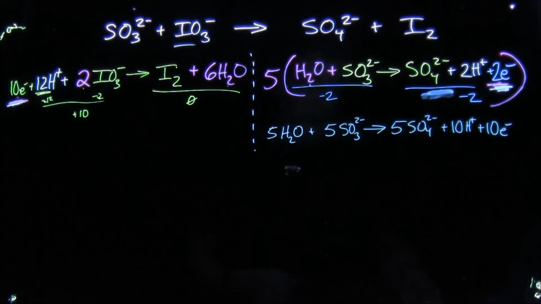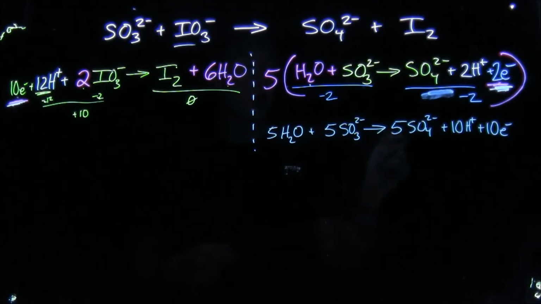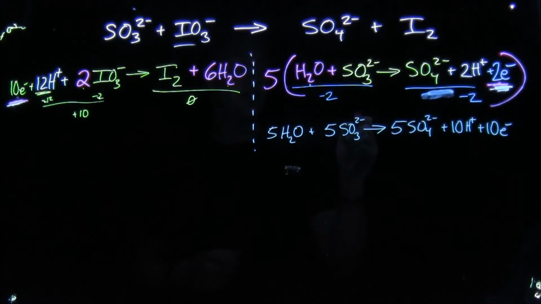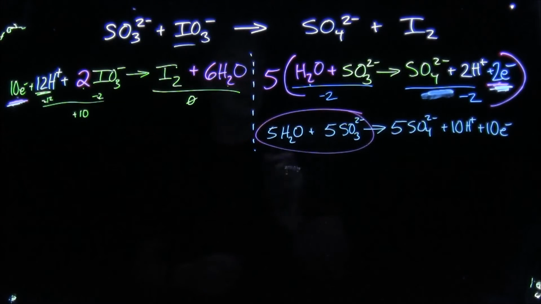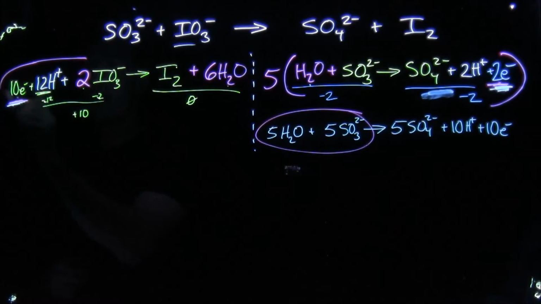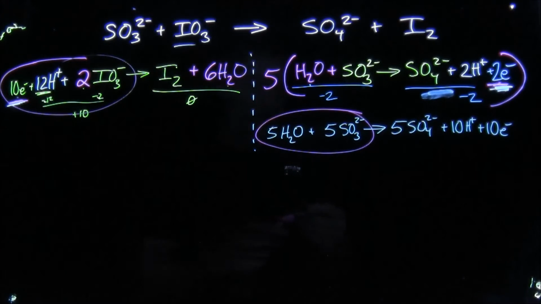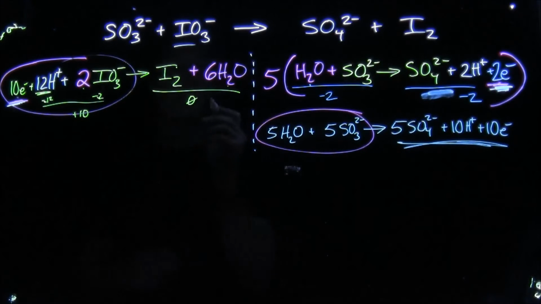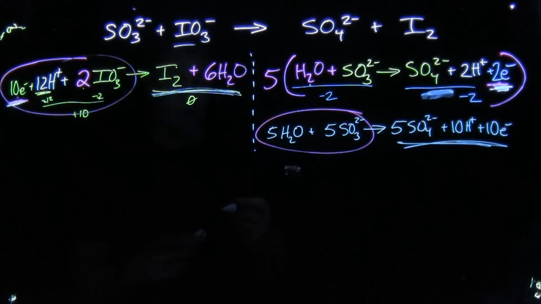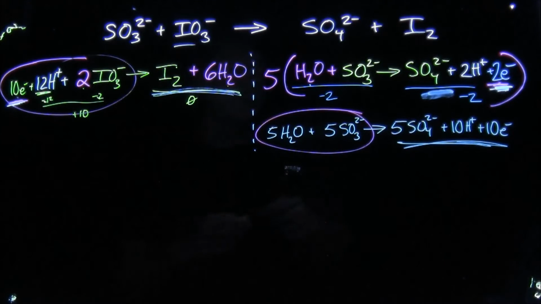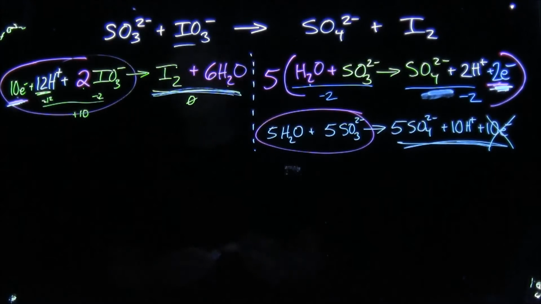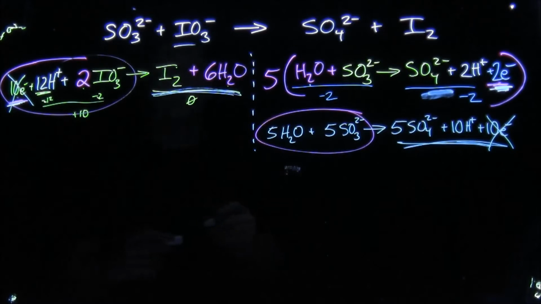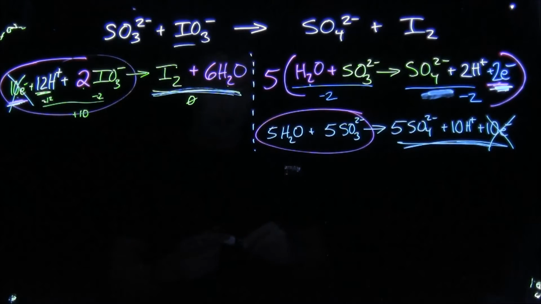All right. Now we get to the part where we can recombine the 2 half reactions. So we can take all of these reactants, combine it with all of these reactants, and we can take all of these products and combine it with all of these products. And in that process, electrons will cancel. So that was our ultimate goal, was to get electrons to cancel.